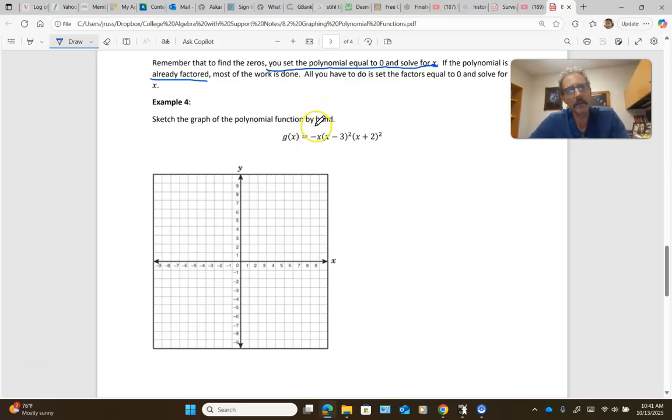However, when it comes to determining the end behavior, the degree of this polynomial is not explicit, but we can still figure it out. Because think about this, if we were to expand this, or in other words, multiply these two binomials by themselves, from this one you're going to end up getting an x squared term, an x term and a constant, of course.